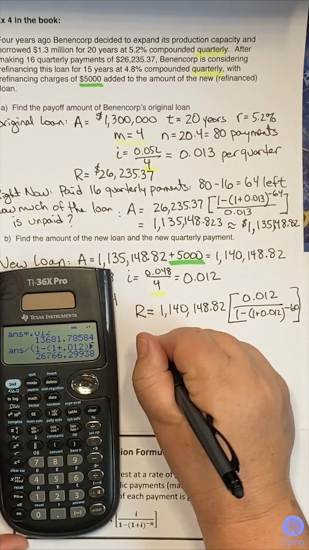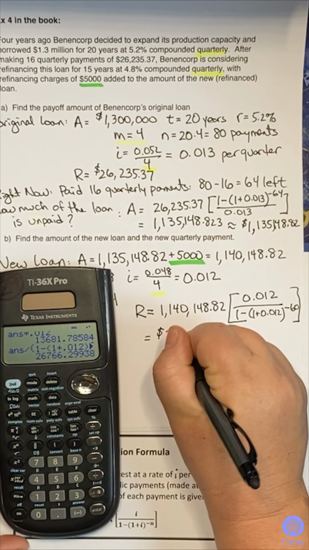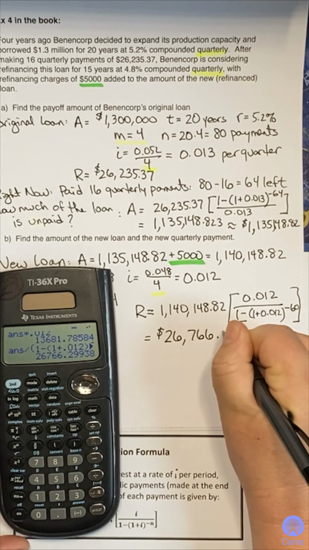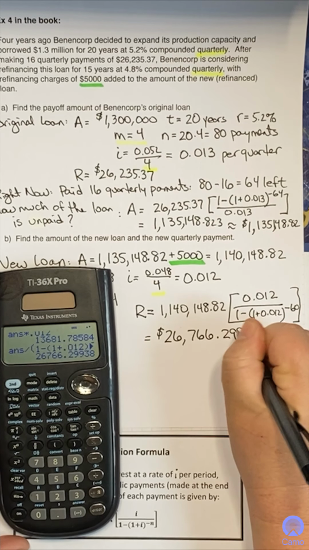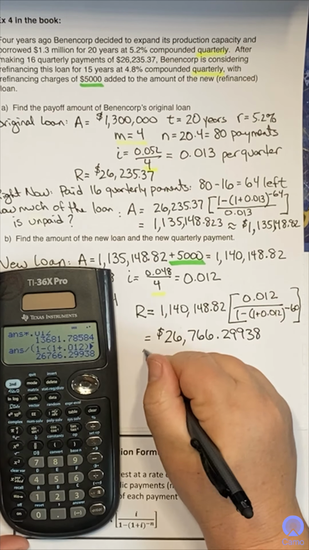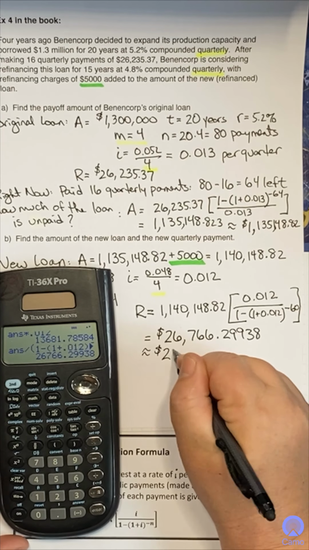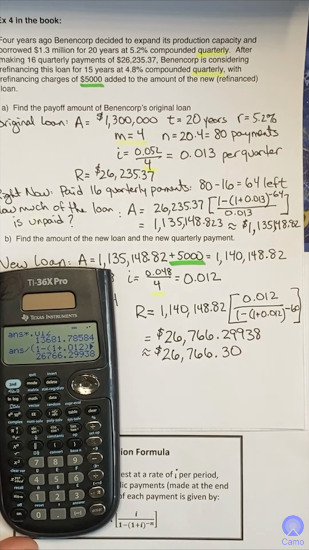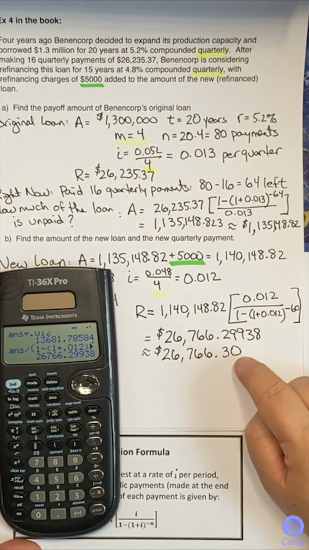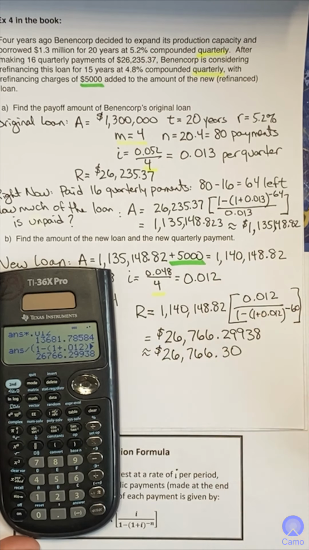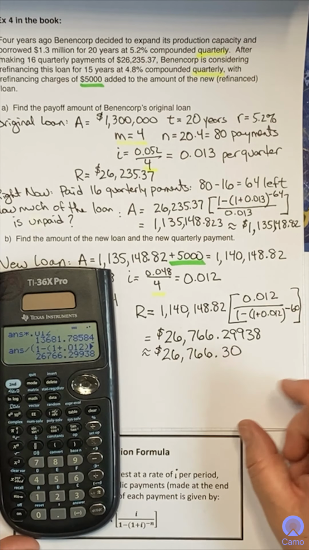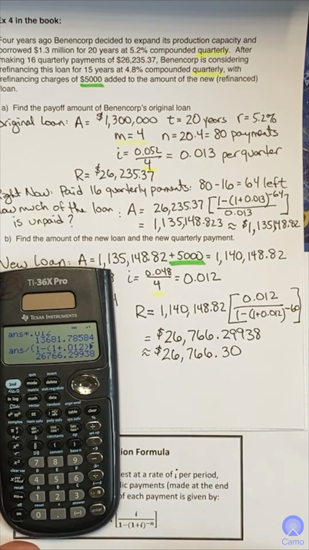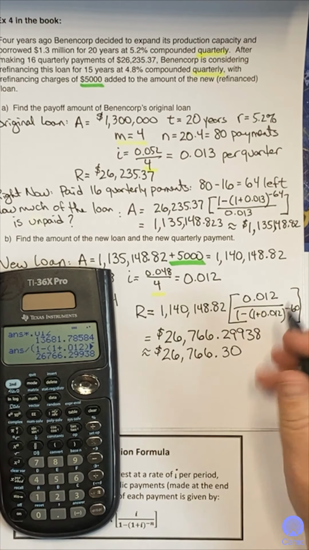And our new payment is going to be $26,766.29938, which means we're going to round this guy, $26,766.30. And again, since we're rounding up, our last payment will probably be slightly smaller because we will have slightly overpaid every month by a teensy bit. Okay, this is our new payment.